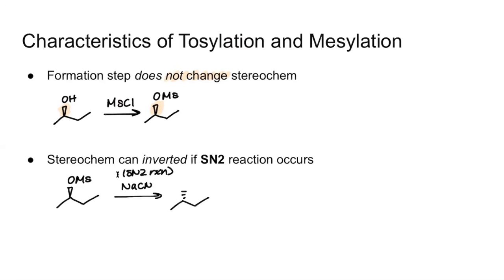Once you do that out, you're going to end up with something like this. So you want to note that your OMs started on a wedge, ended on a dash. Does that make sense? So there was inversion of stereochemistry. All right, inversion. Does anyone have any questions on that before I move on?